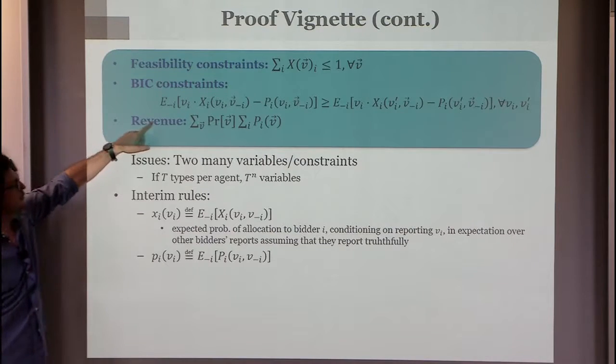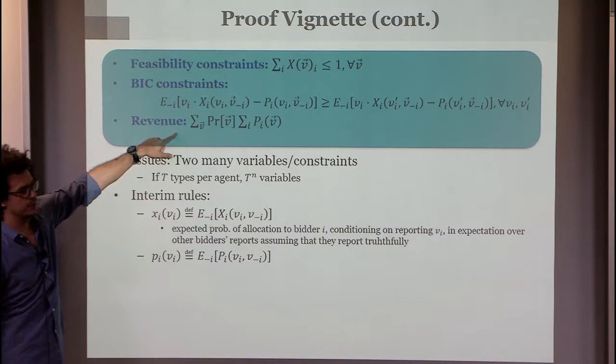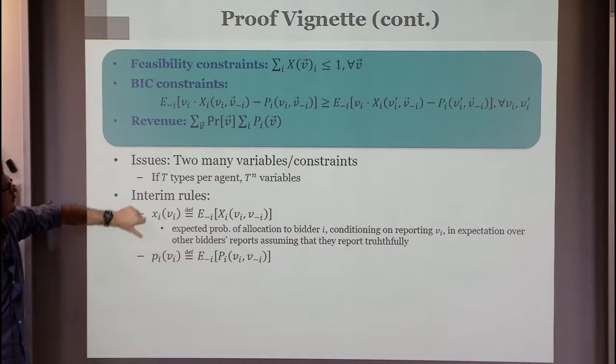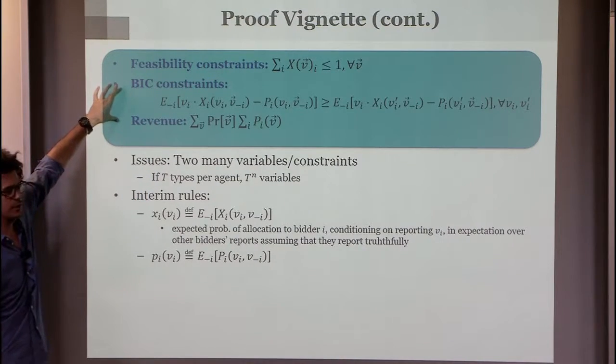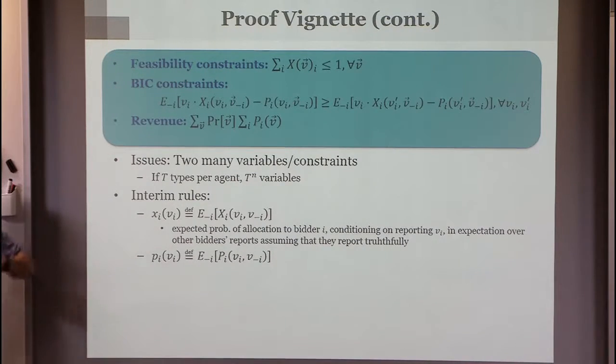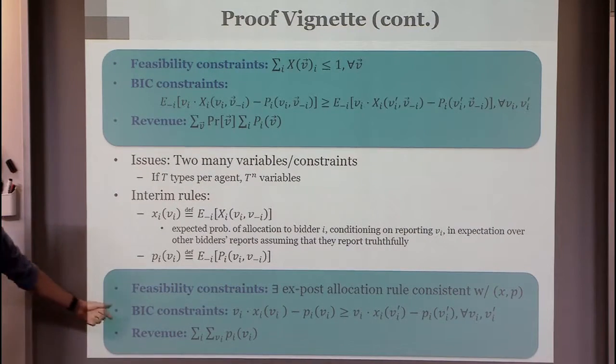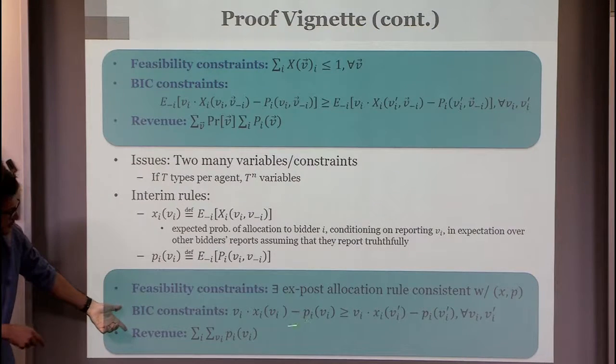Similarly, the revenue only cares about interim prices, right? So the motivation for these two definitions is that at least these two constraints only care about the interim description of the mechanism. Taking expectations through, these two constraints become just linear constraints in the interim rule.